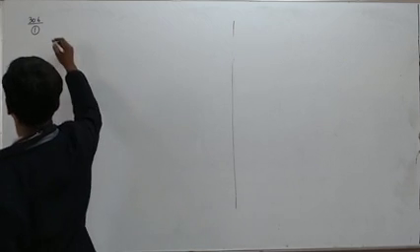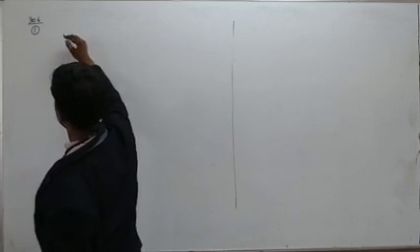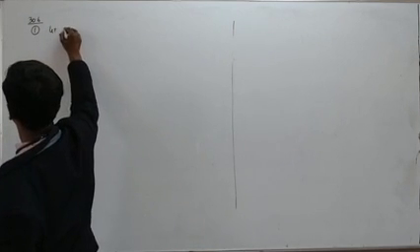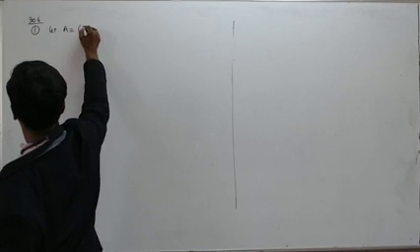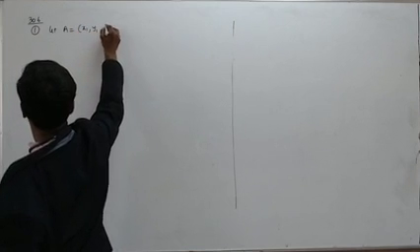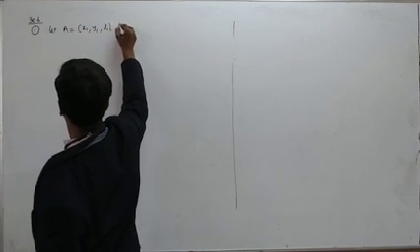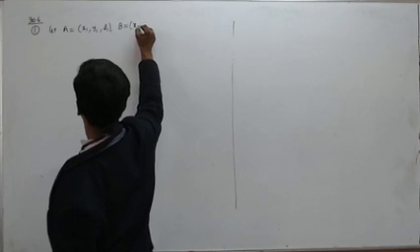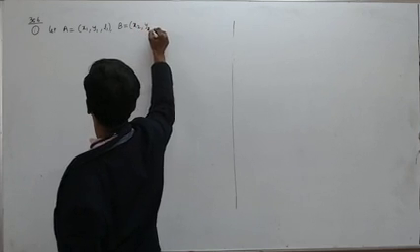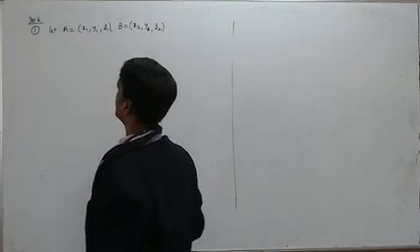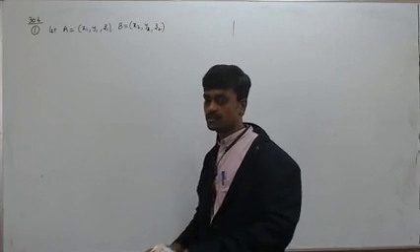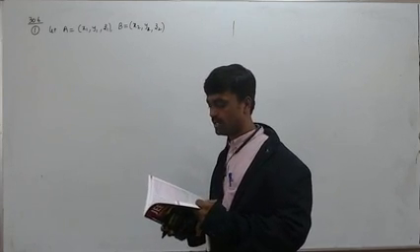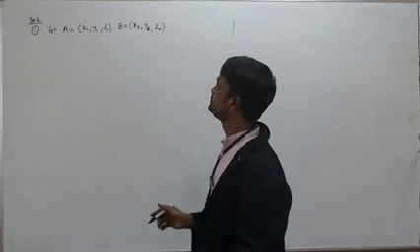Suppose the ends of the line segment are A and B, whose coordinates are x1, y1, z1 and x2, y2, z2. Page number 30.6, first problem. Check your understanding in that first problem.